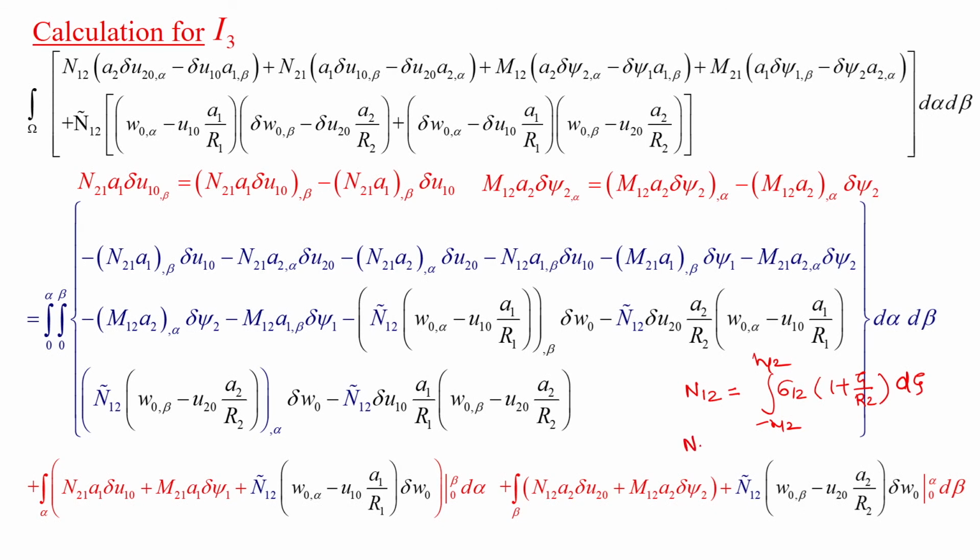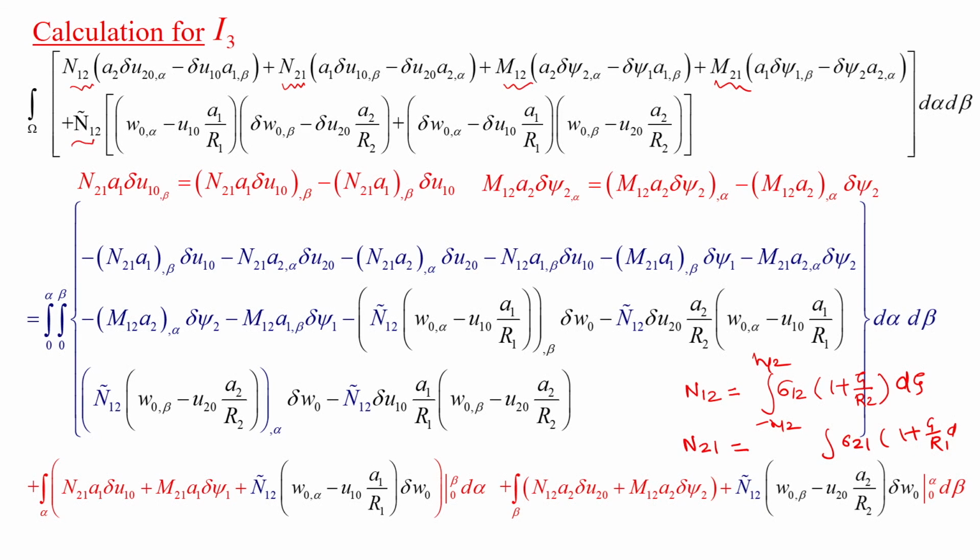And the definition of N21 is sigma 21 times 1 plus zeta by R1. So, the first term will give a contribution of N12, the second term will give a contribution of N21, and the third terms are zeta times M12, zeta times M21, and here is a new contribution N tilde.